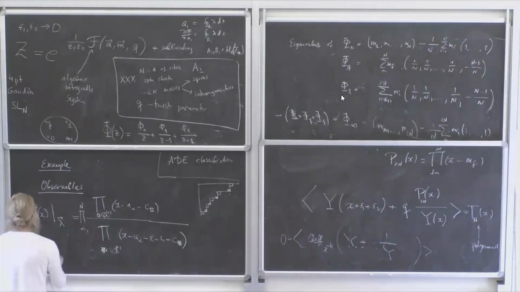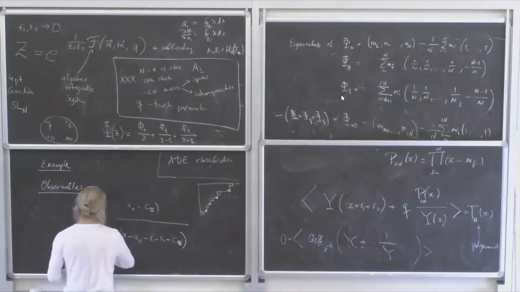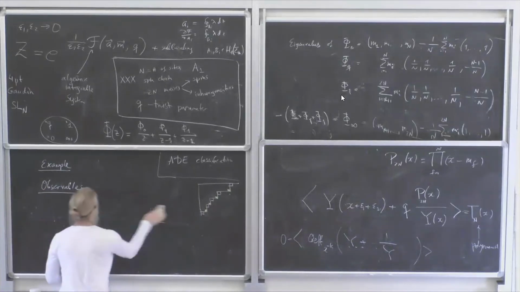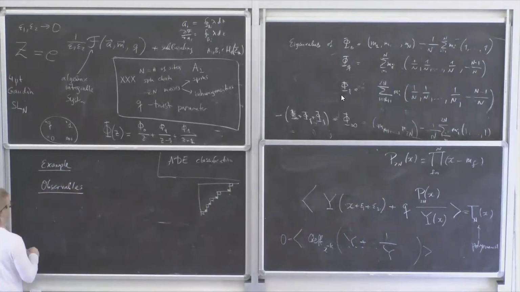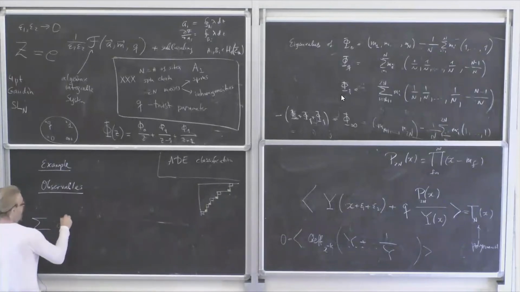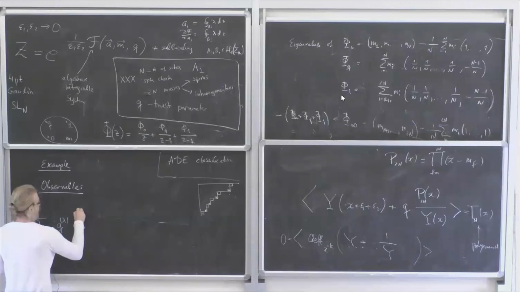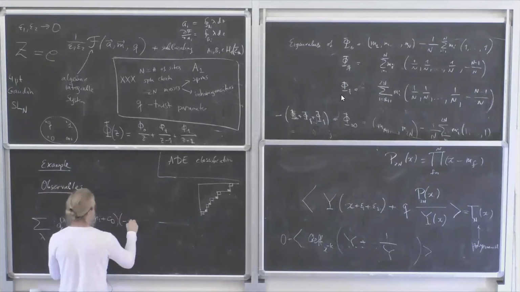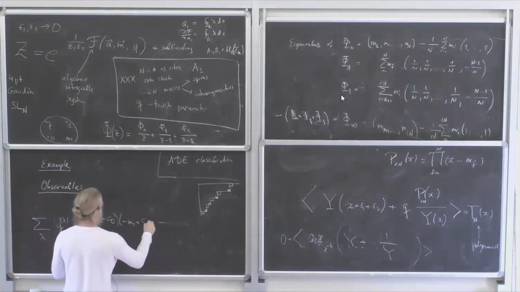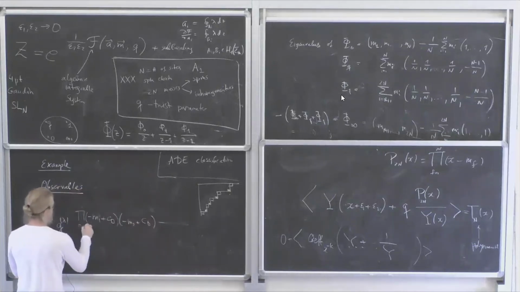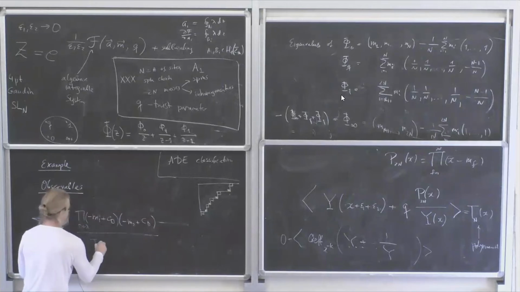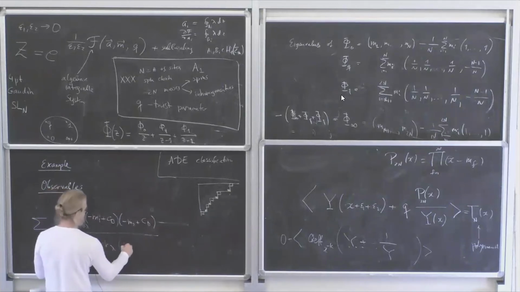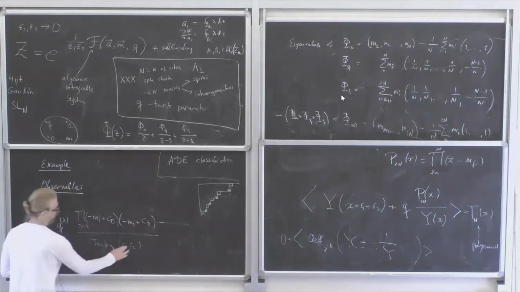So you can compute, for example, the sum over partitions lambda of the product of two content polynomials, and here is the Jack measure of lambda, which depends on two parameters epsilon 1, epsilon 2.